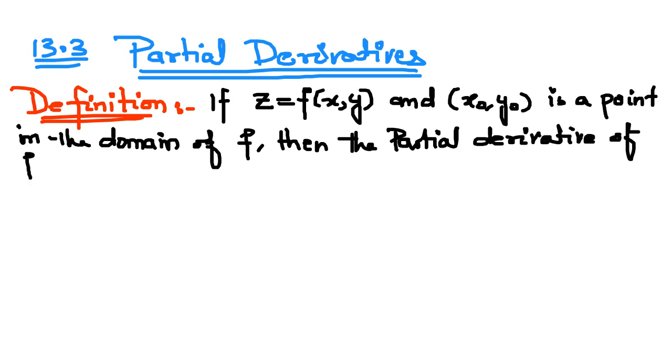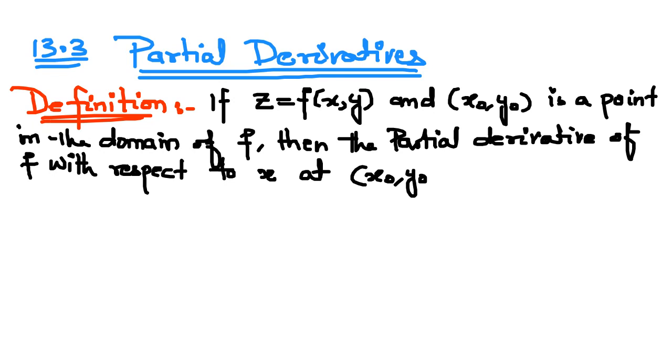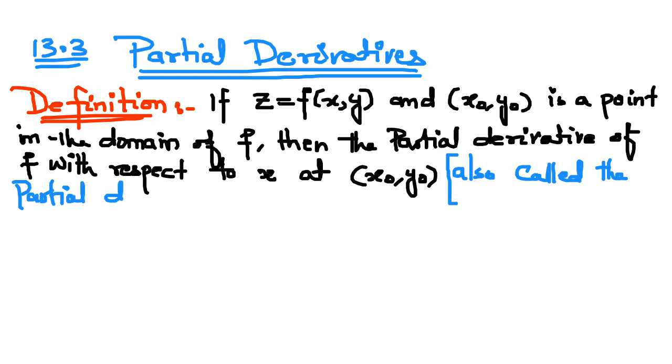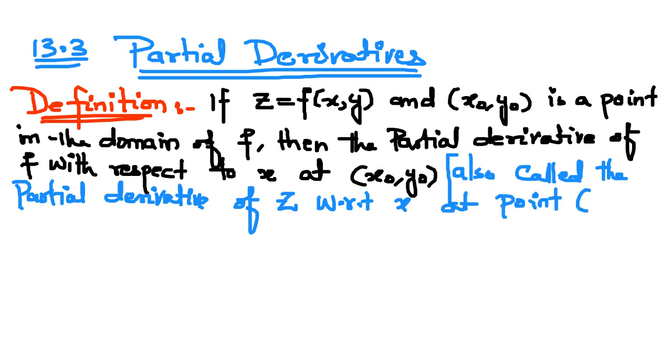of the function f with respect to x at x naught, y naught, you can also represent that, also called the partial derivative of z with respect to x at point x naught, y naught.